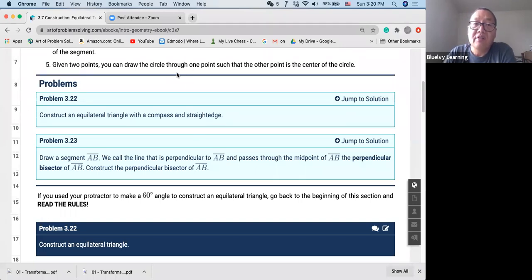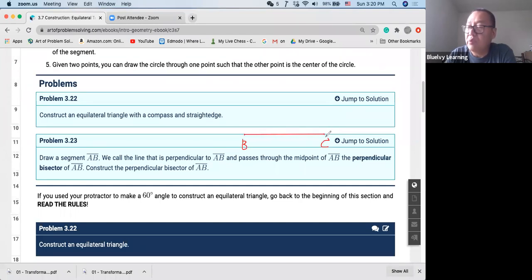So to do this, first you draw a segment. Suppose this segment is BC. You can use whatever letter you want, like AB, it does not matter. Then you use B as a center, draw a circle. You also use C as a center, but with the same radius.